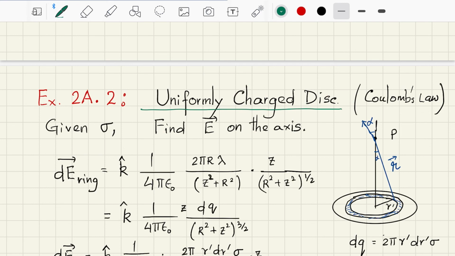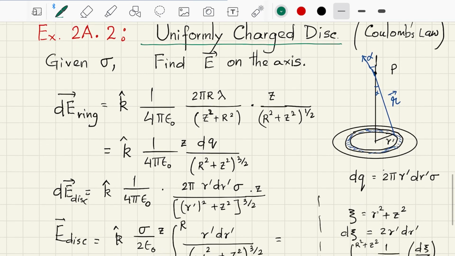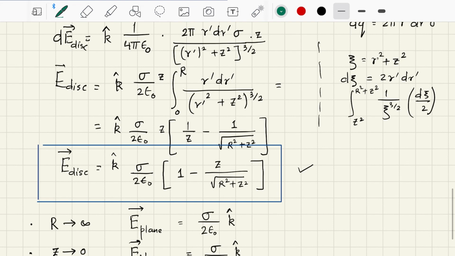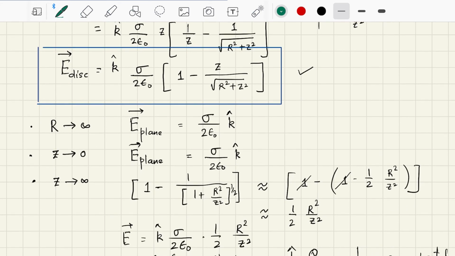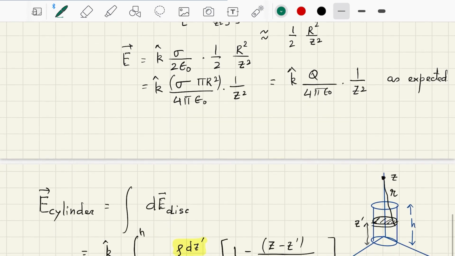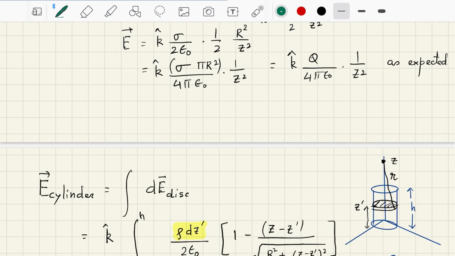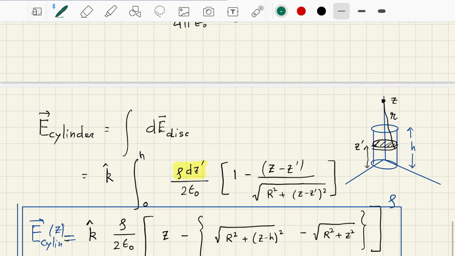So we started with a ring, and then we derived it for a disk using the ring formula, looked at its limits, and then one could integrate over a height h, okay, to make the cylinder. Let me again point out that the variable choice is important. Okay, z is the field variable, z prime is the one that varies over the source integration.